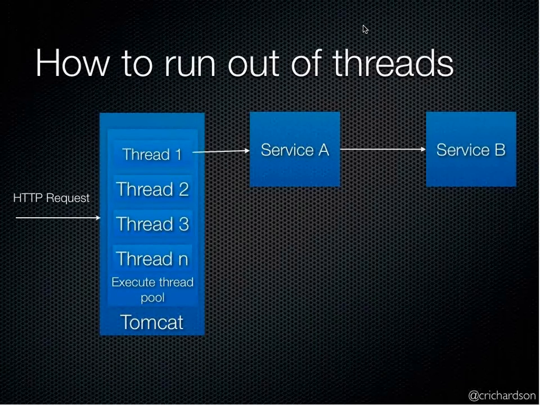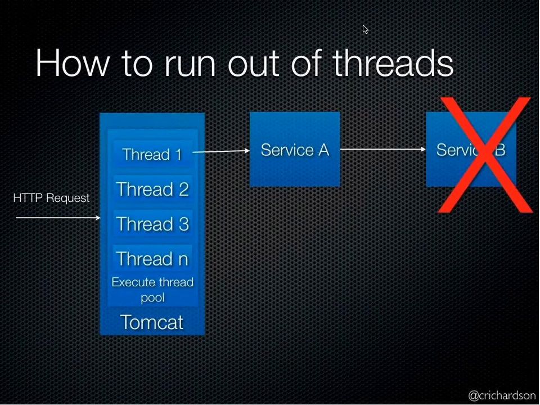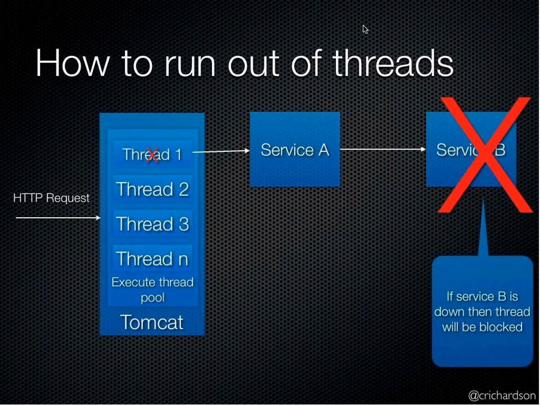But then service A invokes service B. Imagine service B is down and doesn't respond. That means service A will just end up being blocked, and that will tie up that one execute thread, in theory, indefinitely.